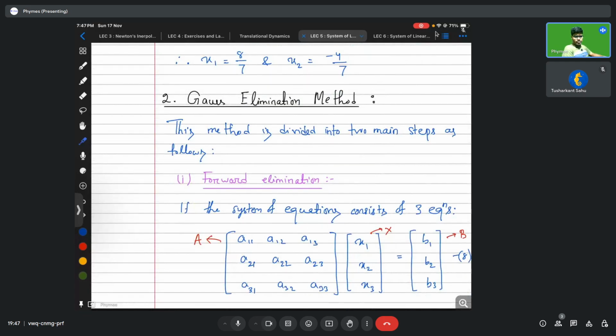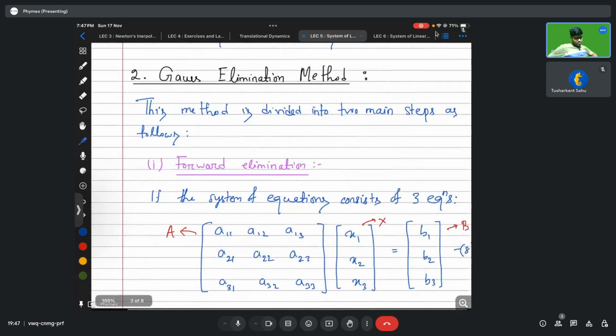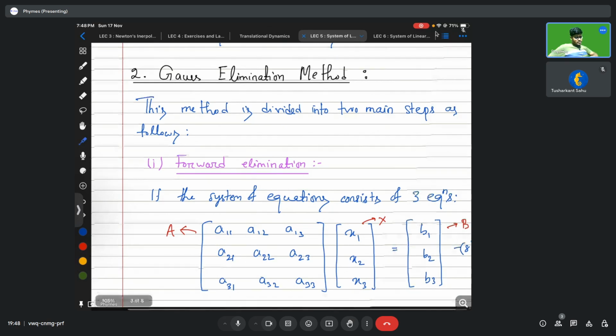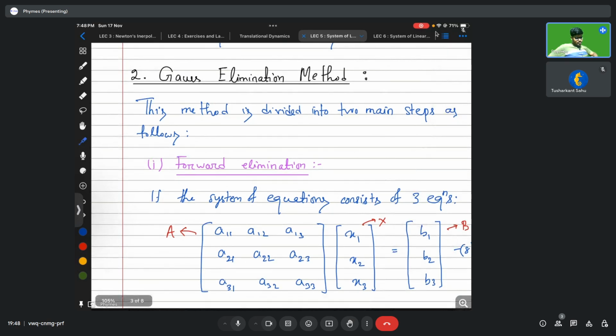Now let's come to the Gauss elimination method. This method is divided into 2 main steps. Let's jump into it. The first step is forward elimination.